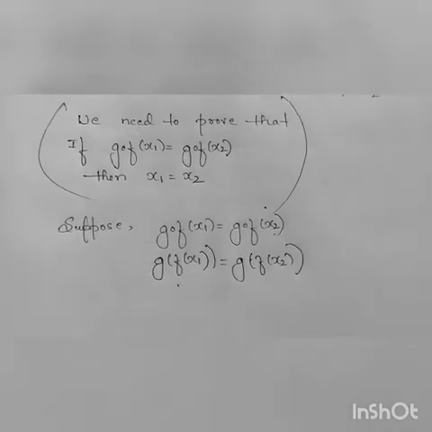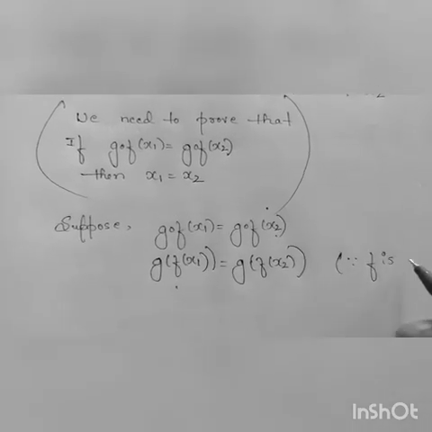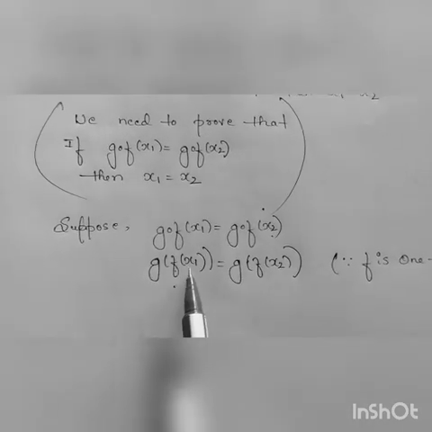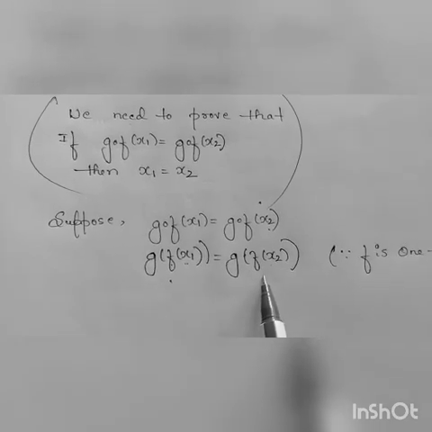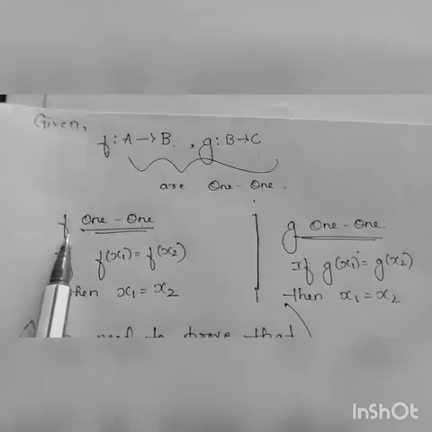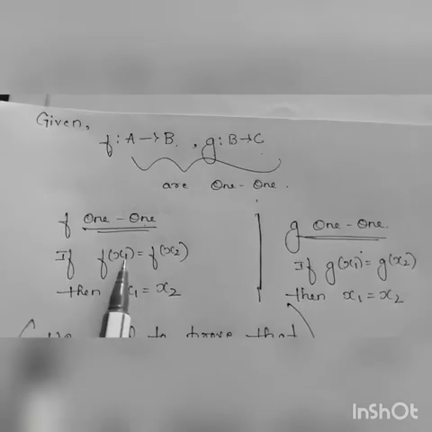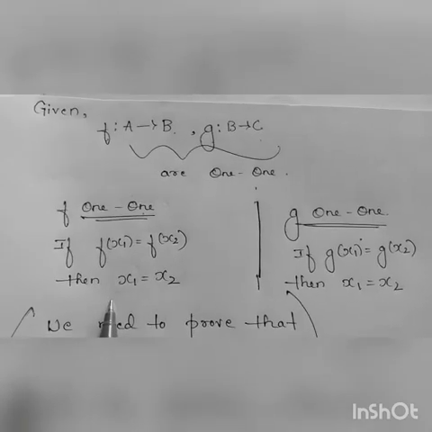And here, since f is 1, 1, we can replace f of x1 as x1 and f of x2 as x2. Why is it so? Look here. Since f is 1, 1, f of x1 can be written as x1 and f of x2 refers to x2.